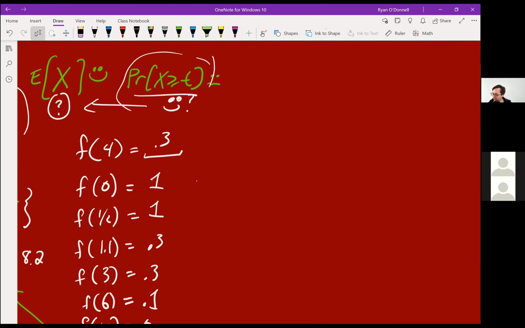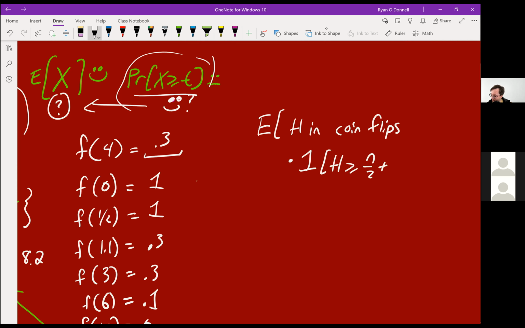What if I asked you to compute the expected number of heads in n coin flips, but times the indicator that the number of heads is at least n over 2 plus, I don't know, root n or something.